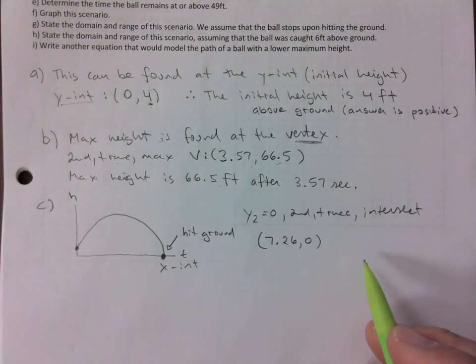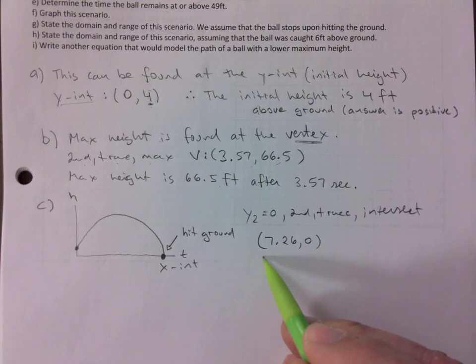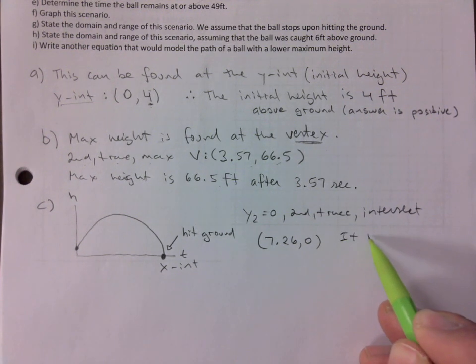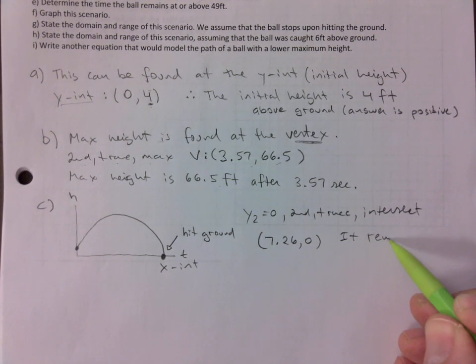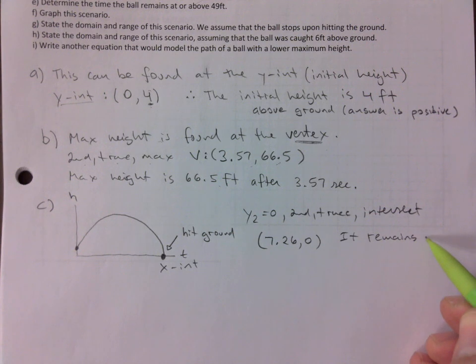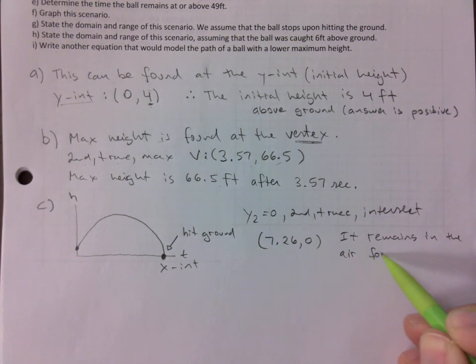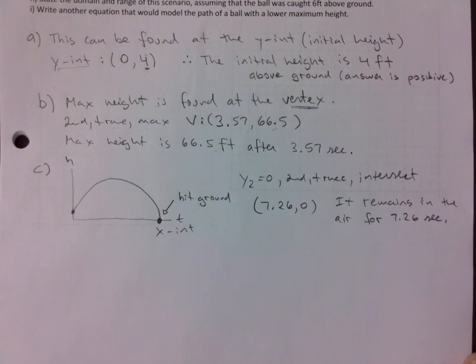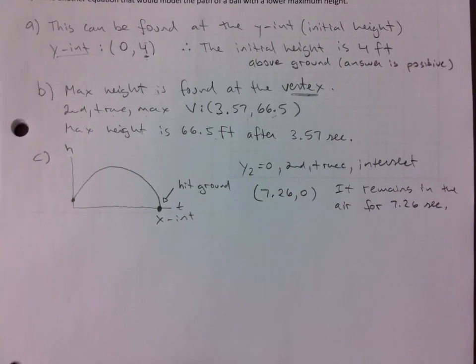Still not the answer though. It remains in the air for 7.26 seconds. Okay, just a little statement. I don't need you to write me an essay, right? Or a paragraph. It's just like a short little, this is what it is, okay? Tell us you understand what's happening, okay?